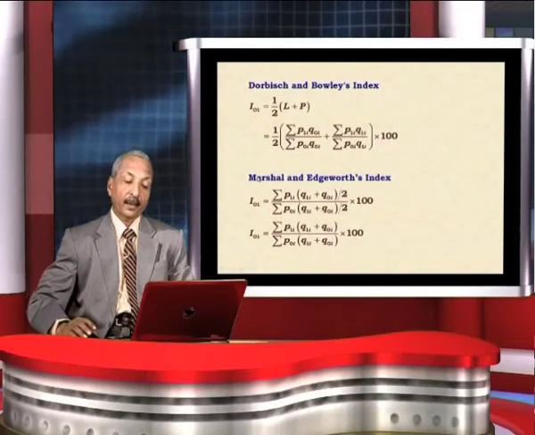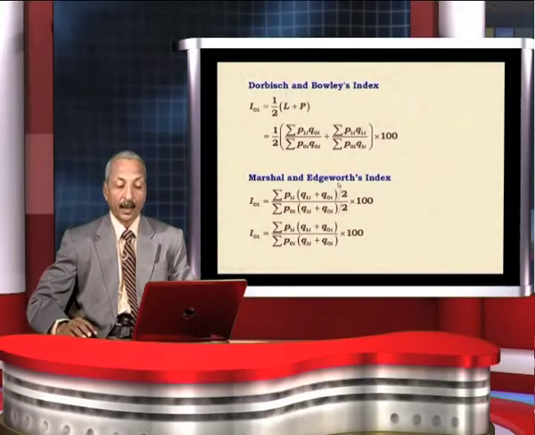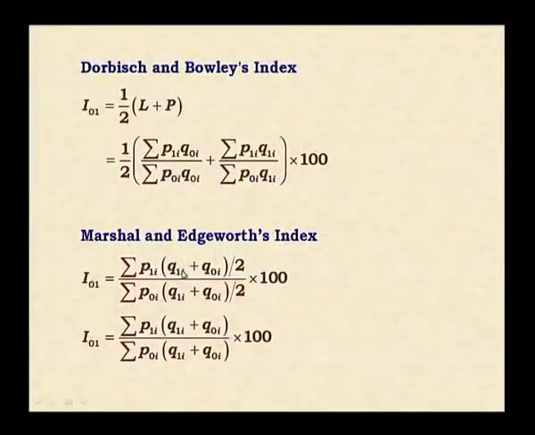The other index number formula was given by Marshall and Edgeworth. In this formula, the weights are taken as the average of the quantities in the base and of the current year. That is, the Wi here is equal to Q1i plus Q0i divided by 2.